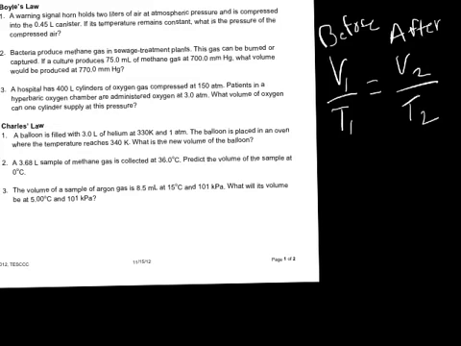To do this, very easy, I'll read the first question. It says, a balloon is filled with 3 liters of helium at 330 degrees Kelvin. Now I want to remind you that Kelvin is a temperature, and it's on the same scale as Celsius, but they're not equal. They're on a different range.